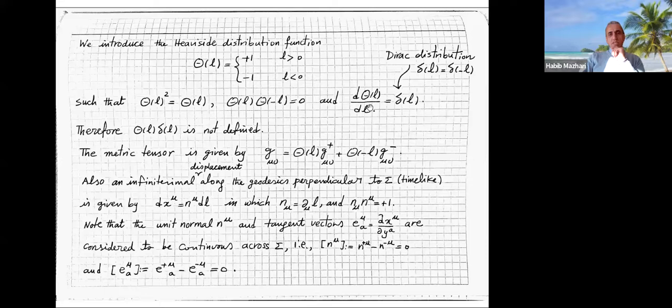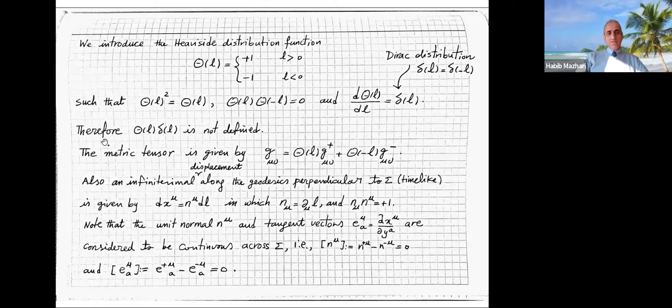Its derivative with respect to l gives us the Dirac distribution, which is the elementary definition of delta. But as we know from distribution theory, theta(l) delta(l) is not defined, mainly because theta(l) is not defined at l=0 from the beginning.